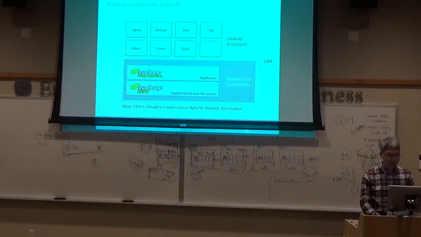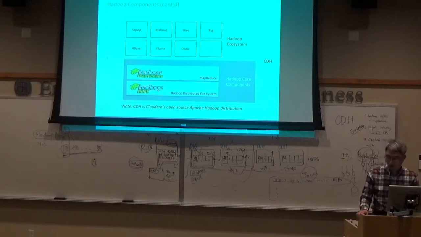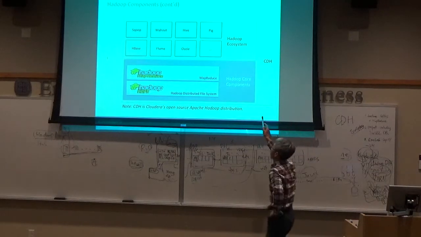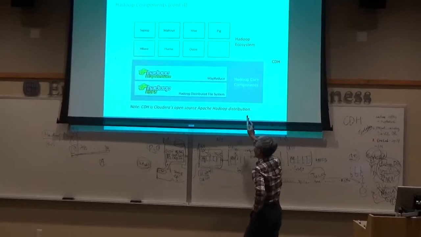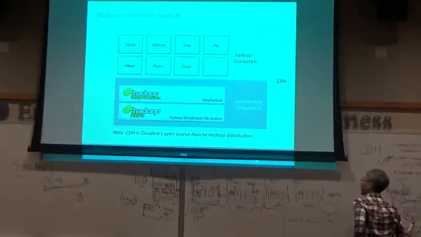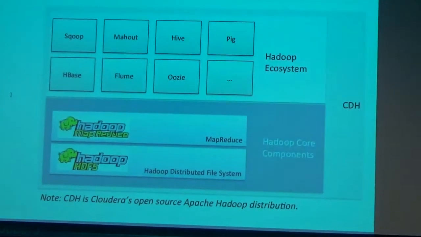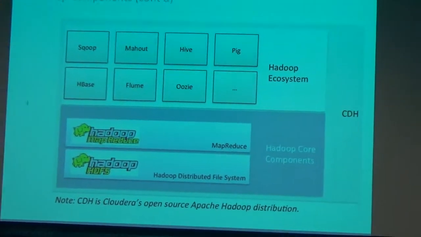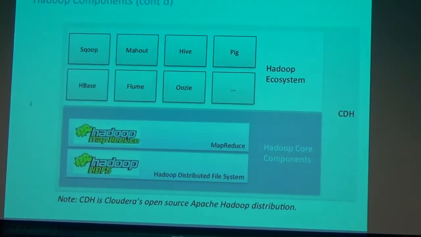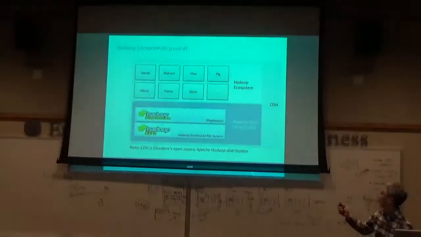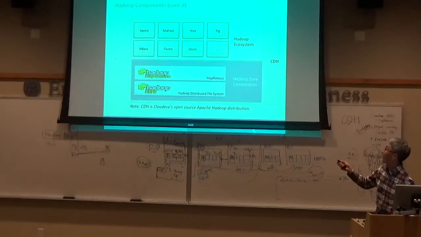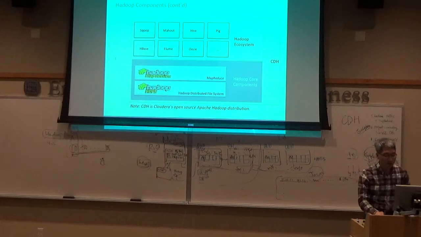So I already explained that, in addition to MapReduce and HDFS, we need to consider YARN as one more core, common component, and on top of that we have a number of applications, which is called the Hadoop ecosystem.